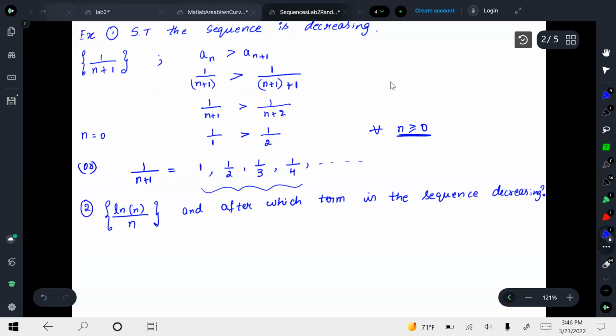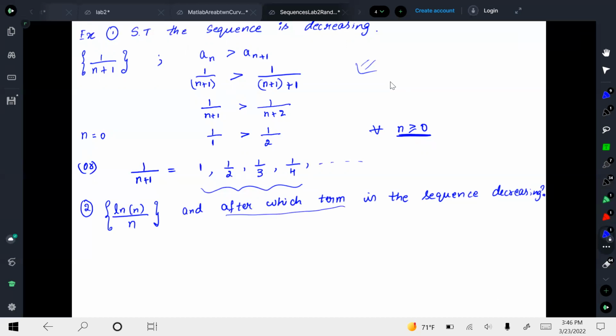Now, when they ask you to show the sequence is decreasing, you have to follow the procedure which we did in the first example. In question number 2, that statement is already given. So what you need to find out is after which term the sequence decreases.